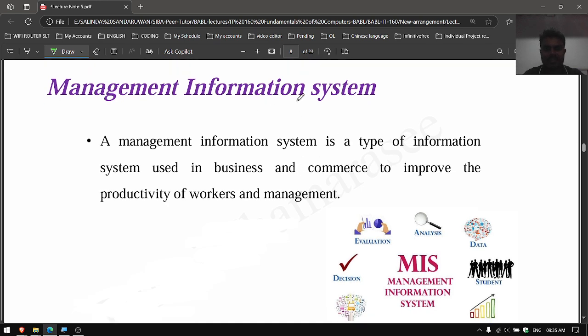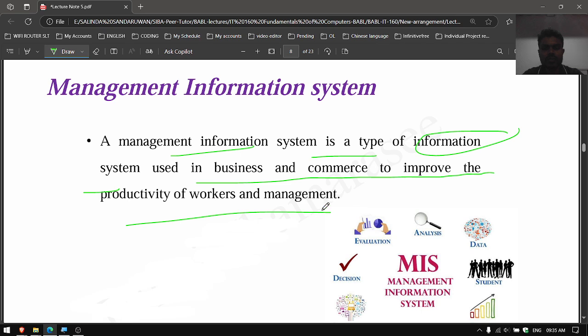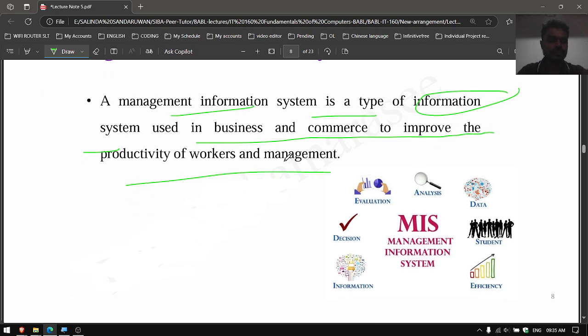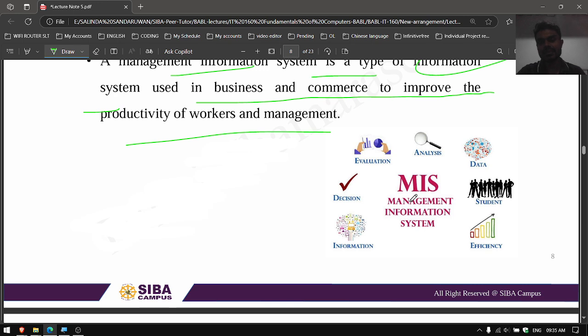Management information system. This is a type. A management information system is a type of information system used in business and commerce to improve the productivity of workers and management. If the managers are using this to manage something, it's called a management information system. No fancy thing. In your workplace you may have heard about this MIS. Please send me an MIS about these retail customers.